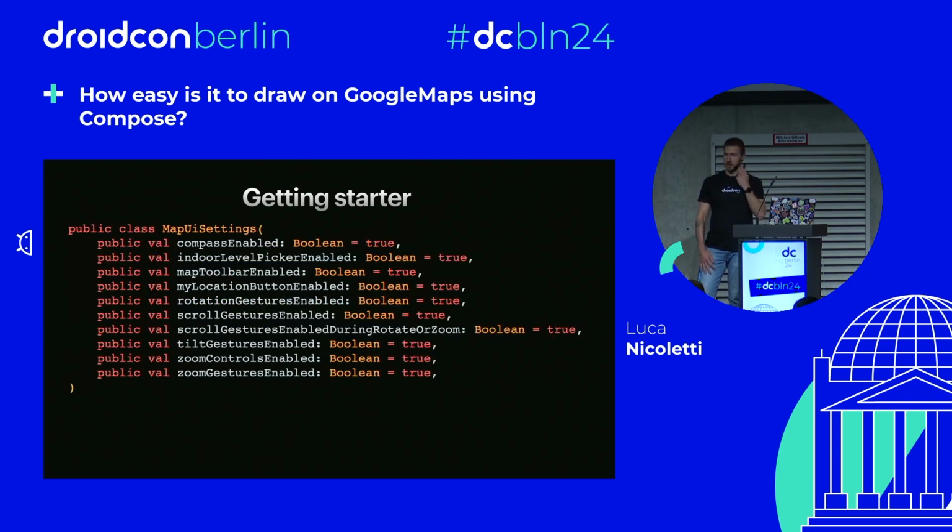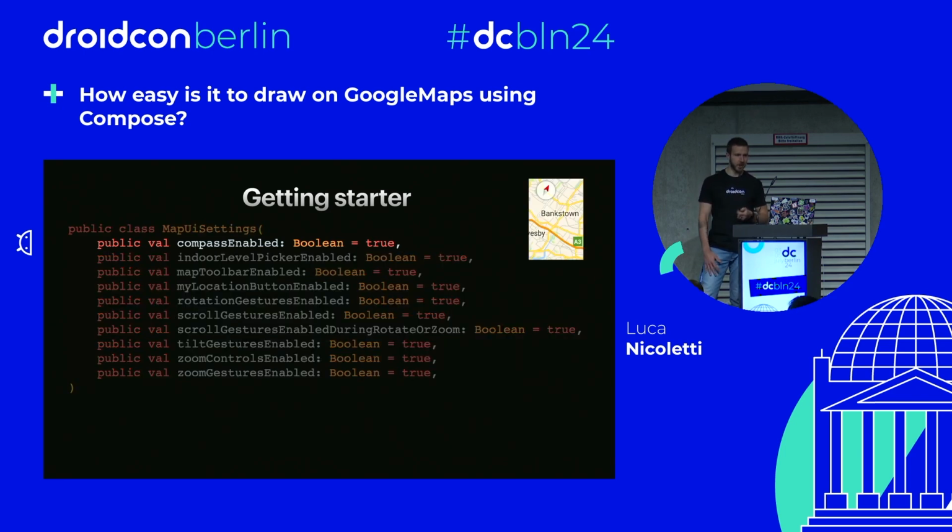And the map UI settings instead lets you control both how the user can interact with the map via gestures and also starts to draw something on it. We have the compass enabled, which shows the little compass on the top left of the screen, only if the map is not pointing north.